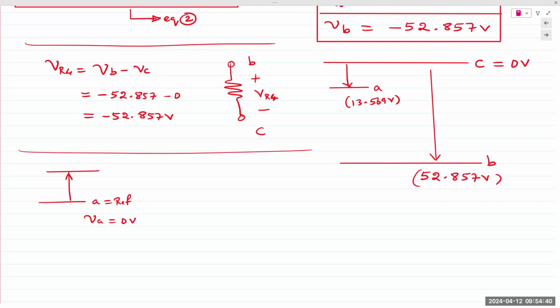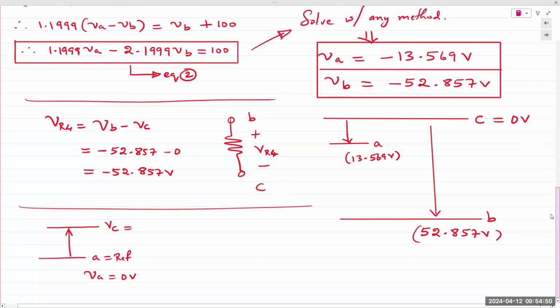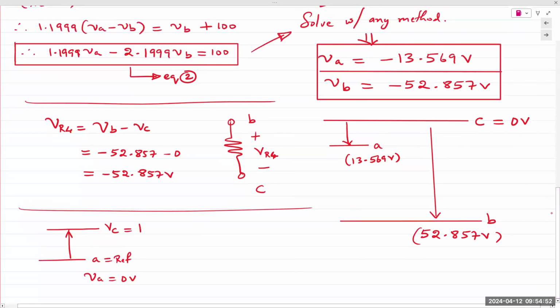Absolutely. The level between the two would not change. The level remains the same. My VC value would now be plus 13.569.